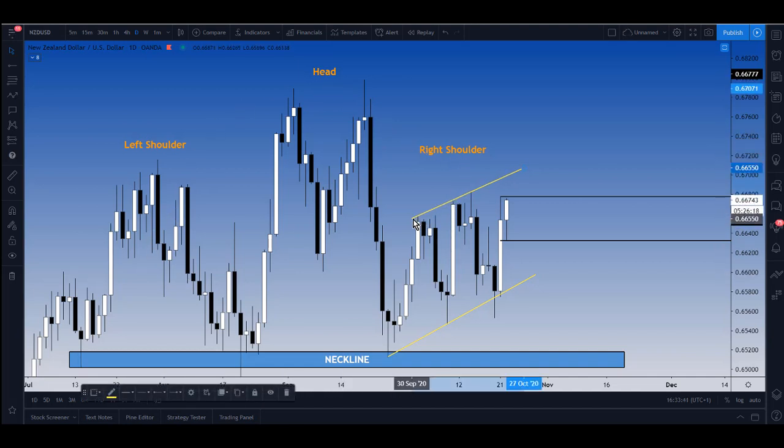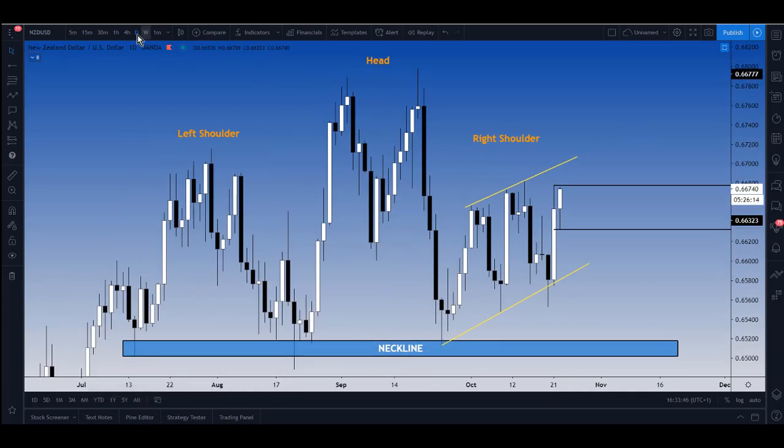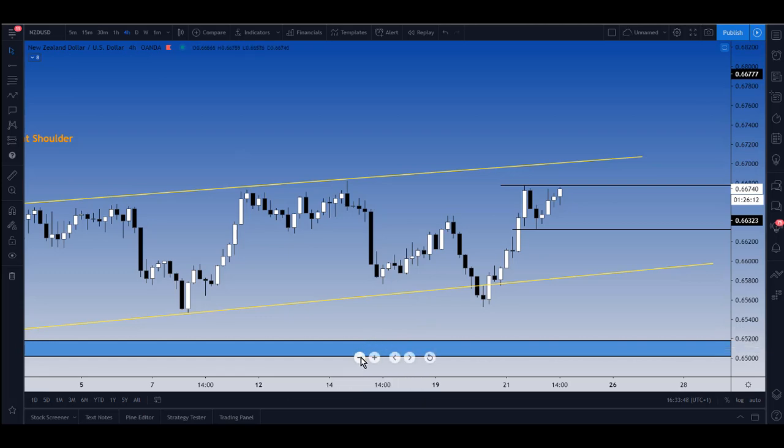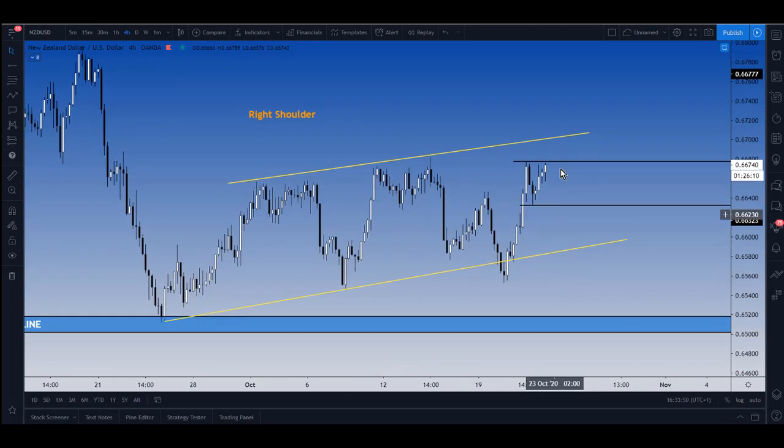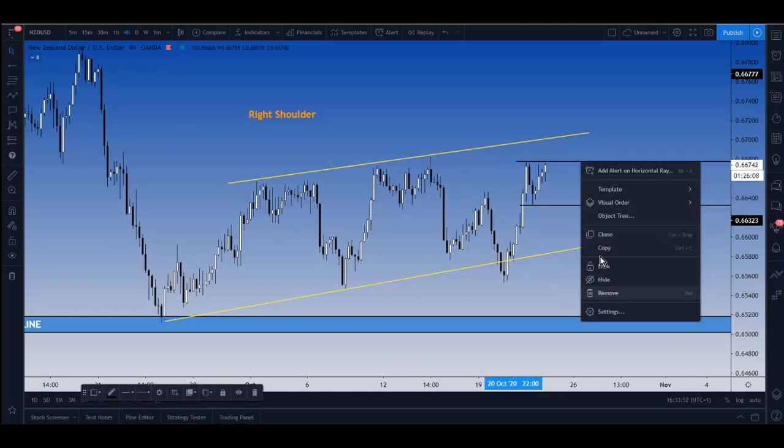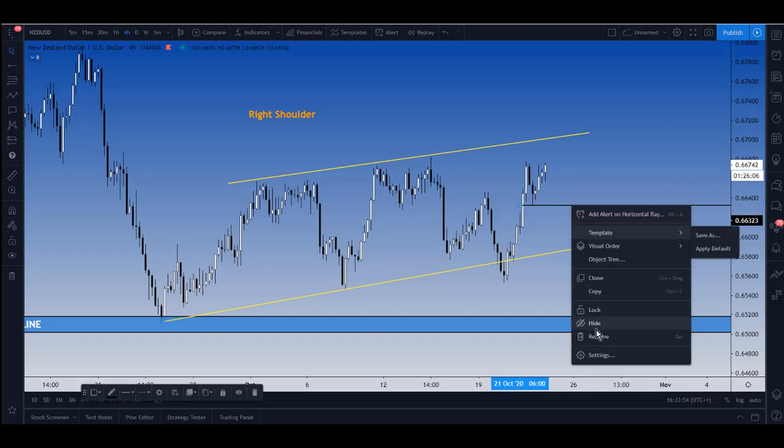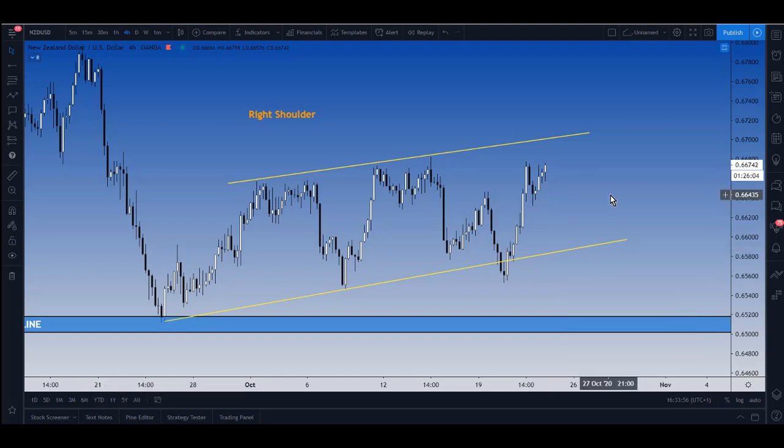So we've got another ascending channel drawn out, just like on pound USD. So I'll delete that for a minute. So there is a possibility that price could push up a little bit further, maybe test that 6,700.